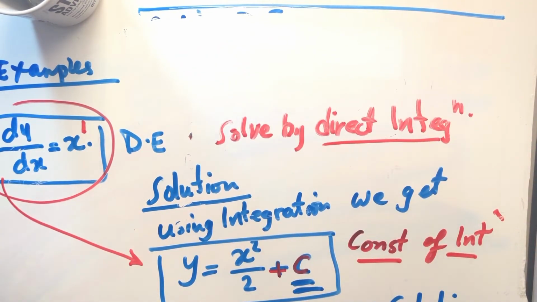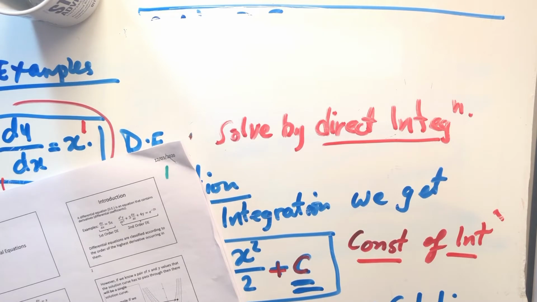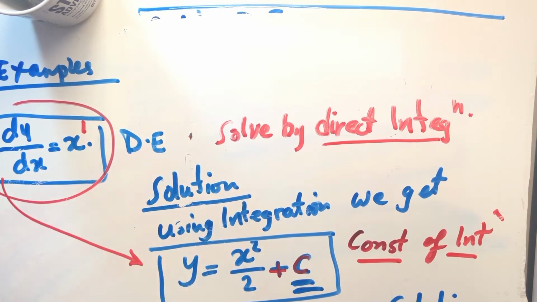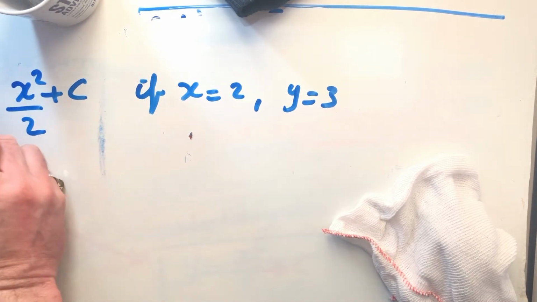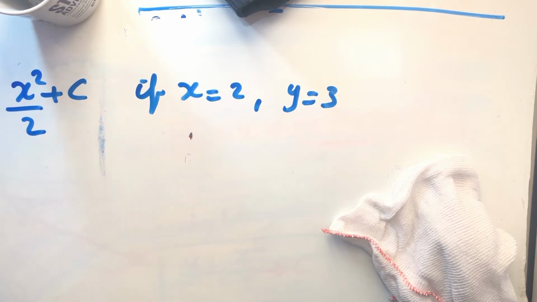If we have more information, we could have a specific solution, a particular solution. If we have a value of x and a value of y, then we can find c, and then you could have a particular solution. In the example we have used, we got y equal to x squared divided by 2 plus c.